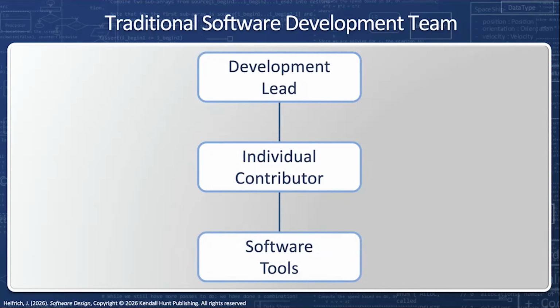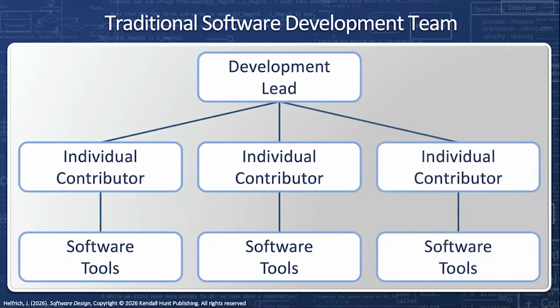Of course, you are not the only individual contributor working for this development lead. You have a collection of other coworkers who work with you, all under the direction of the development lead. Now, I need to emphasize, this development lead and the team of people working for him is several times more productive than any one individual contributor could be.